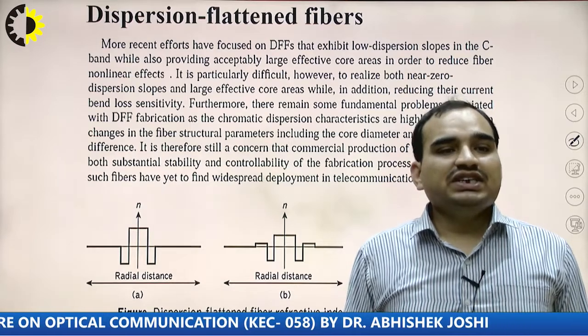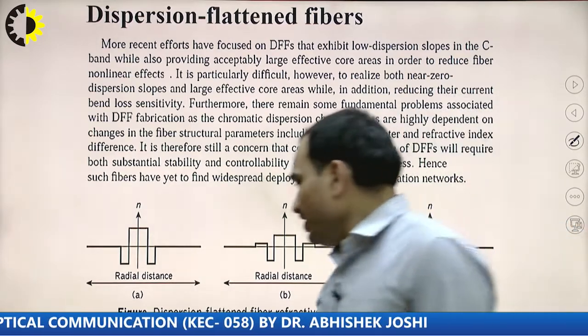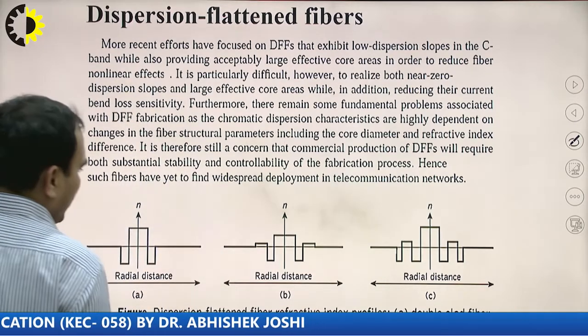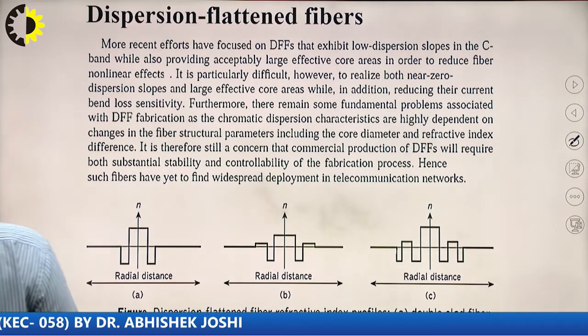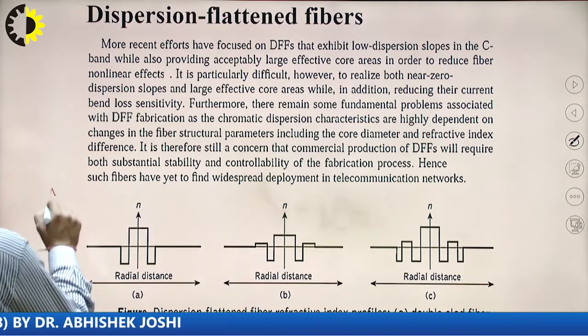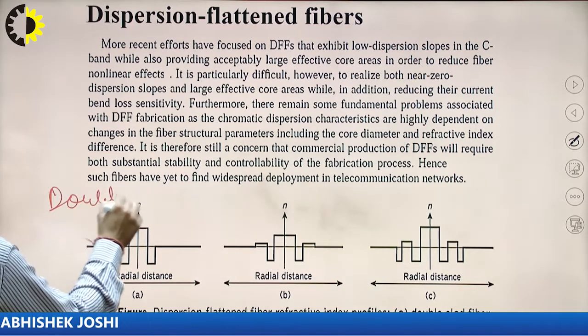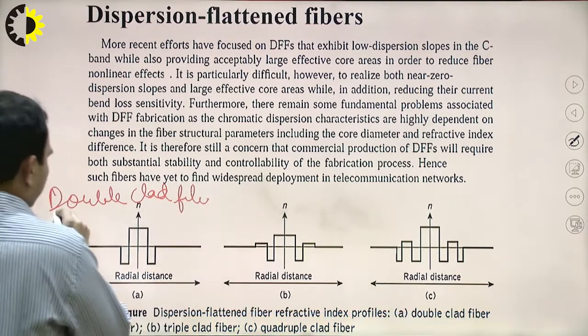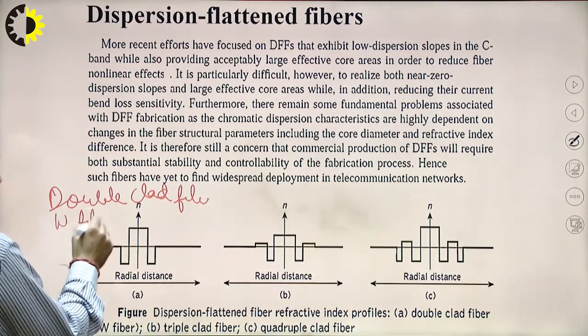a wavelength of 1.55 micrometers proved difficult to balance with the performance attributes of this fiber type. As we can see in this figure, we have the three dispersion flattened fiber refractive index profiles. This one is the double clad fiber, also known as W fiber.